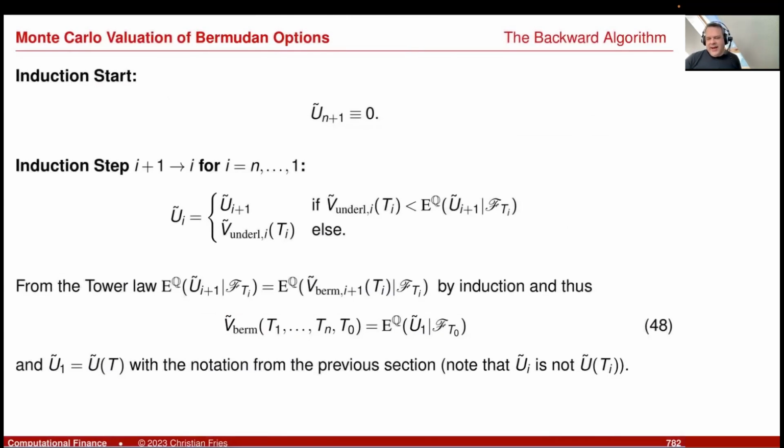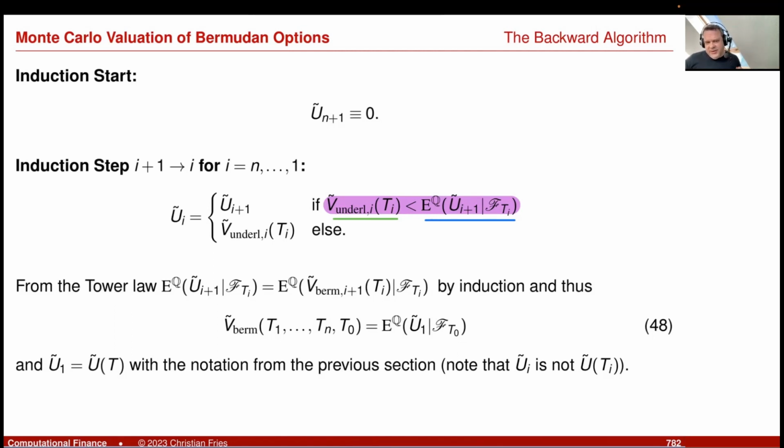And then we had a very nice algorithm to construct this value of the Bermudan. This was the backward algorithm. So it's essentially exactly this, that we go backward, and at every exercise state, we look at our exercise decision. So is the value of the underlying less or greater than the value of the future Bermudan, so the expected value of continuation.